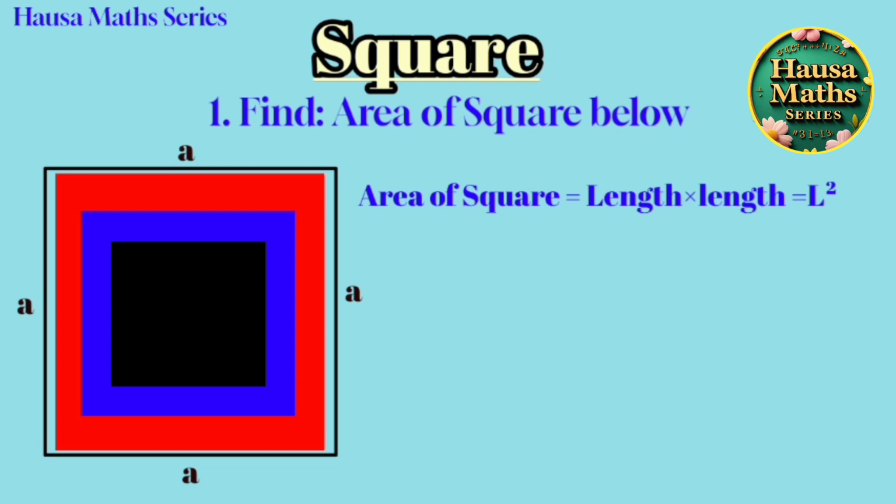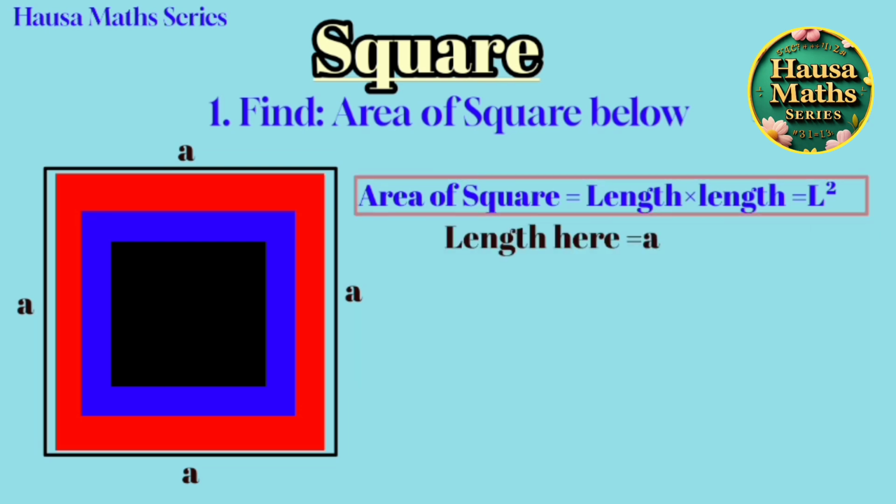So to find the value of this square, we need to multiply the length. Area of square is equal to length times length, means length of each side times the other side. Length is equal to A. We are going to measure the exact value of one side, because all sides are equal.